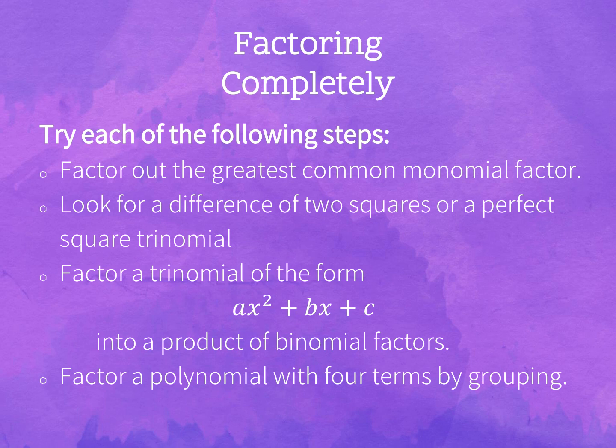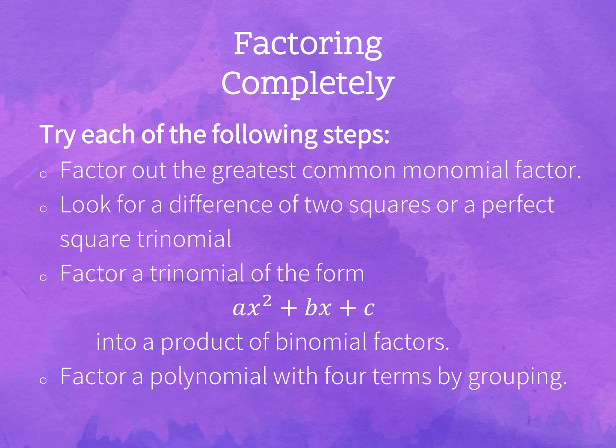If there are only 2 terms, then I would be looking to see, do I have the difference of 2 squares? Or if it's a trinomial, is it actually a perfect square trinomial that, when you factor it, becomes a binomial squared? Or is it a simple trinomial where the number in front of x squared is a 1?